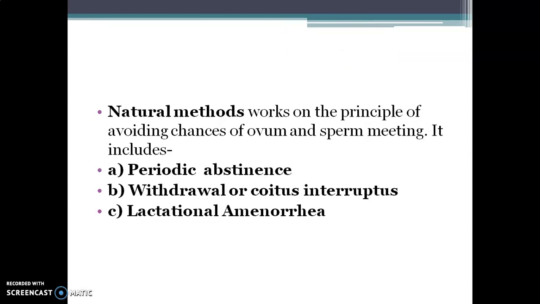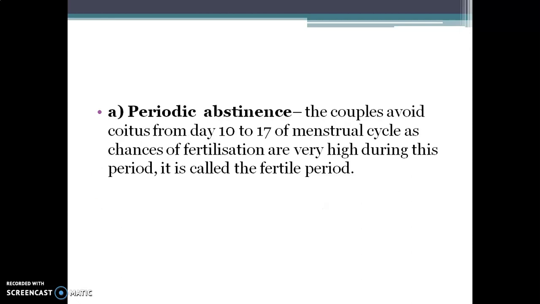The first one is natural method. It works on the principle of avoiding chances of ovum and sperm meeting. It includes periodic abstinence, withdrawal or coitus interruptus, then lactational amenorrhea. So the first one is periodic abstinence. What is that?